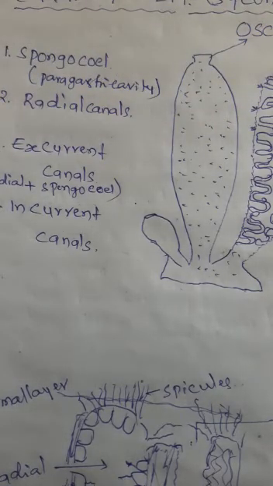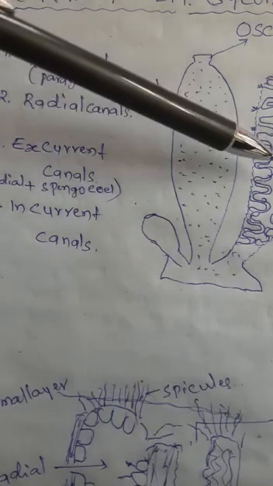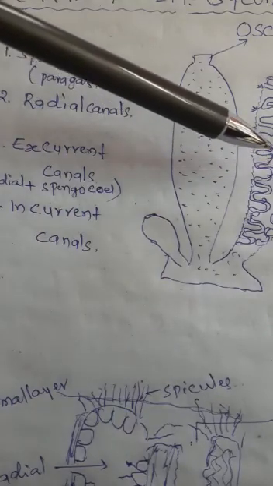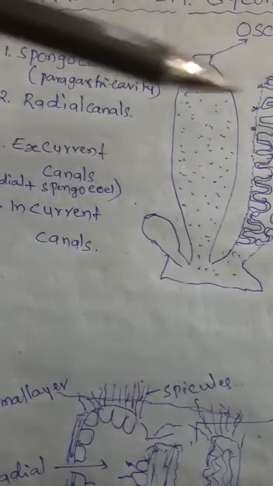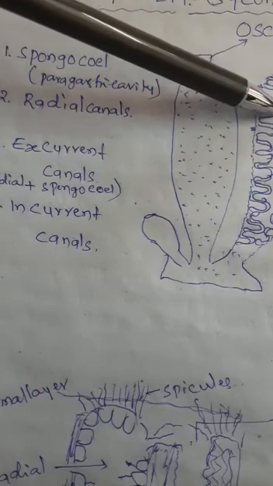Each incurrent canal is covered by pore membranes pierced by 3 or 4 ostia. The ostia are intercellular, and the incurrent canals end blindly on their inner side.